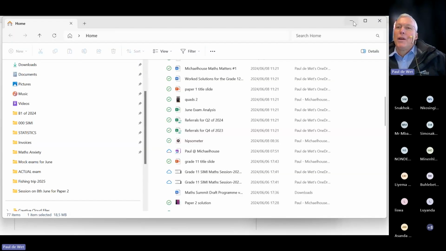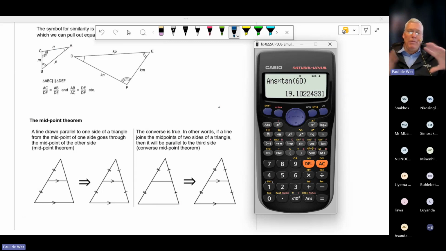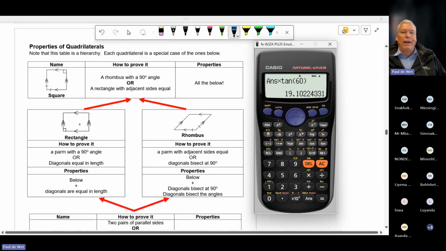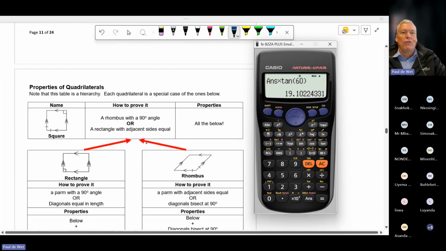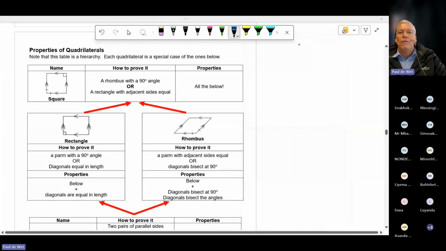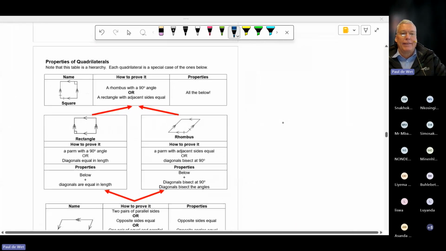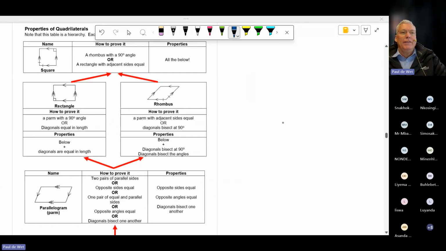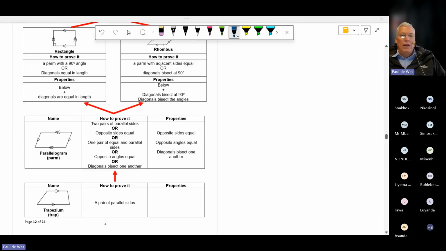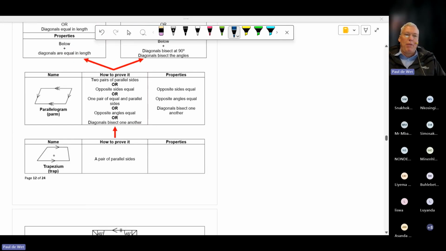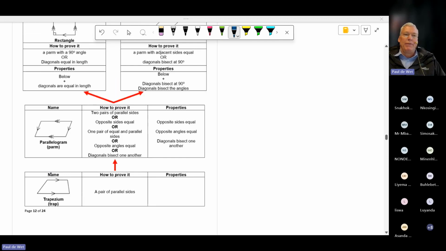Right. So guys, what I want is for you to be able to visualize those shapes. Now, if you go to your page 12, we've got a kind of a table here, and it goes up from the bottom. If we've got one pair of parallel sides, we've got a trapezium.